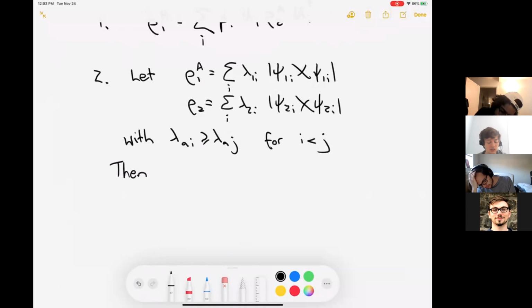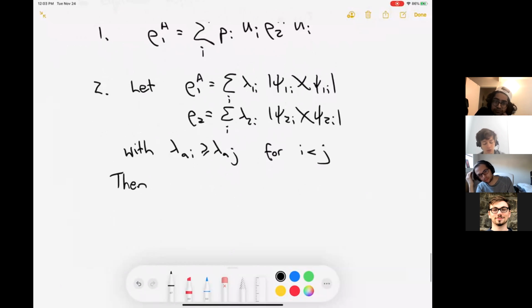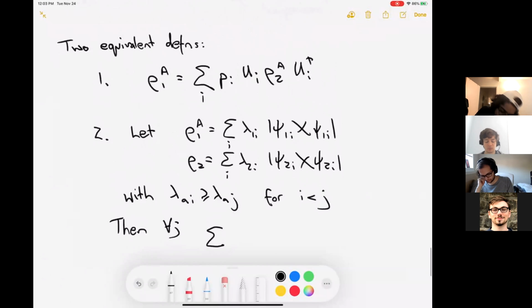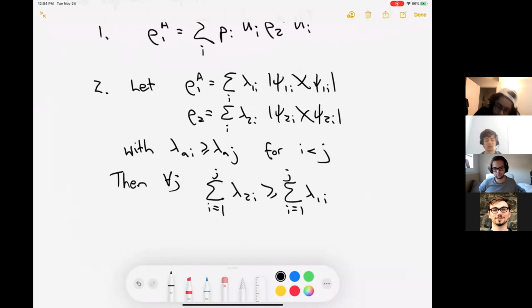Then we need the following condition to hold, which is equivalent to the condition that we had before: for any j, the sum from i equals 1 to i equals j of lambda 2i has to be greater than or equal to the sum over i up to j of lambda 1i.